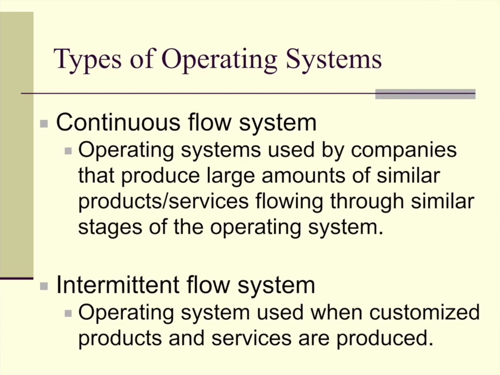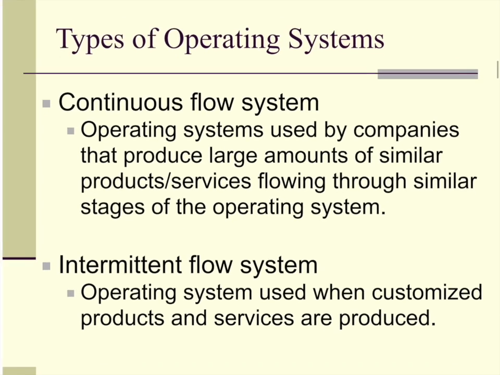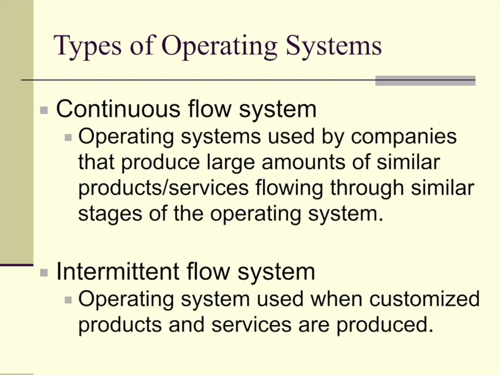And then here we're talking about the types of operating system. What are the types of operating system in operation management? We have two operating systems: the continuous and the intermittent. That is the continuous flow system. In chemical engineering, we know about this, the continuous flow. And the intermittent flow system, in chemical engineering, we know as the batch system.